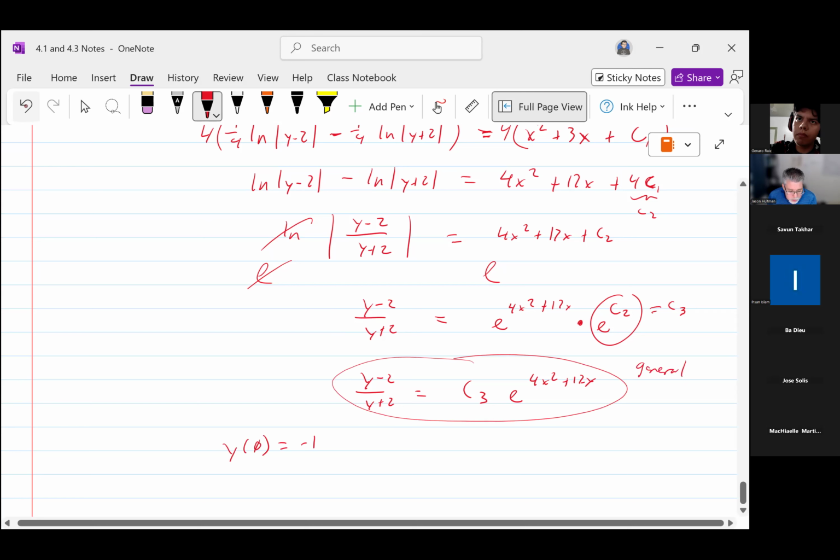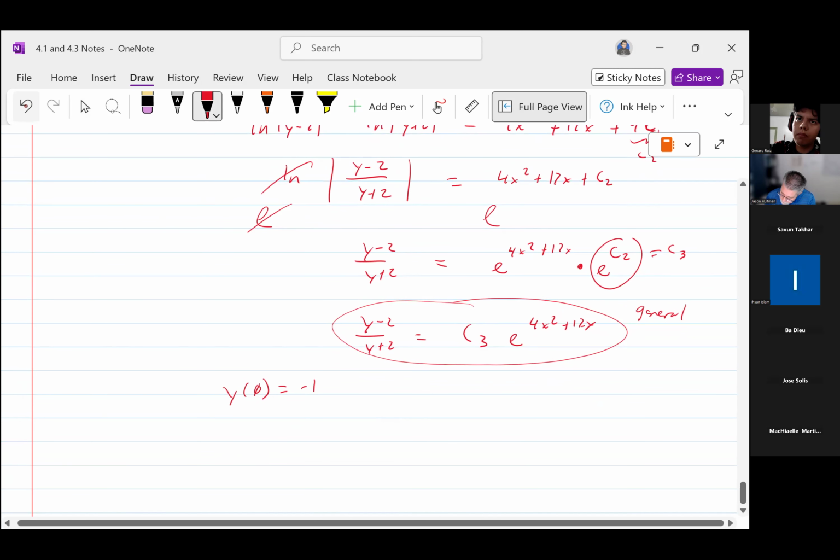We have -1 minus 2 over -1 plus 2 is equal to C3 e to the 4 times 0 squared plus 12 times 0.